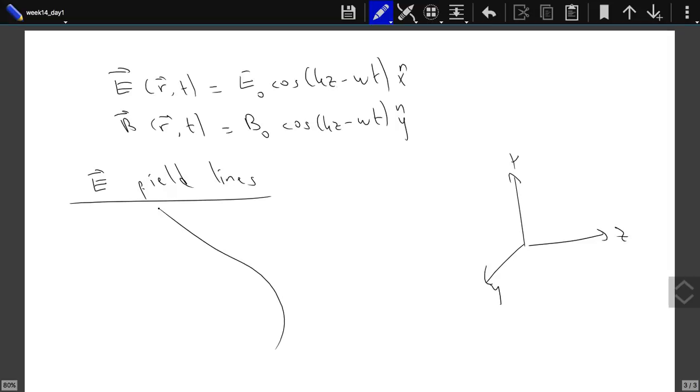Is this possible as an electric field line? Why not? No, there's no conductor. I'm just saying that I know the electric field. I'm given that this is the electric field, and I would like to draw the electric field lines corresponding to it. The electric field is always in the x direction. So is it possible that the electric field lines have such a shape? Why not?